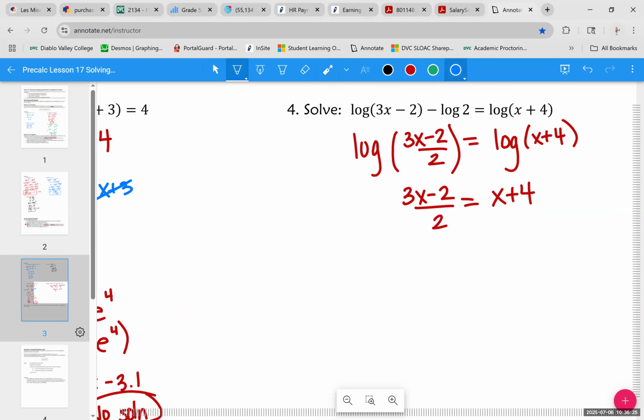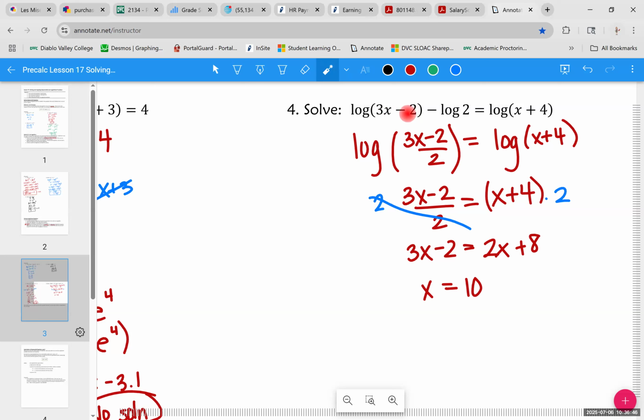All right, I'll multiply both sides by 2. I've got 3x minus 2 equals 2x plus 8. So I'll move the x's to one side and the numbers to the other. And just double check that that 10 gives me a positive number inside the log here, which it does.